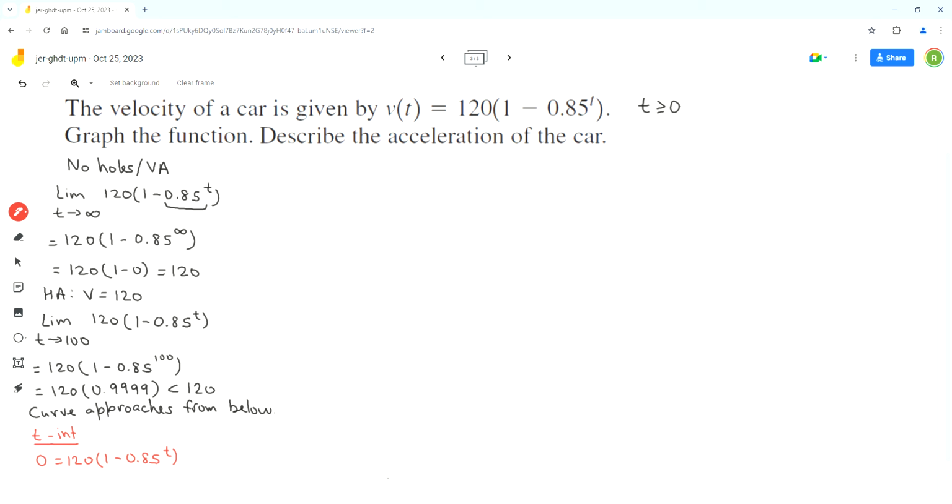Now we can divide both sides by 120. So we get 0.